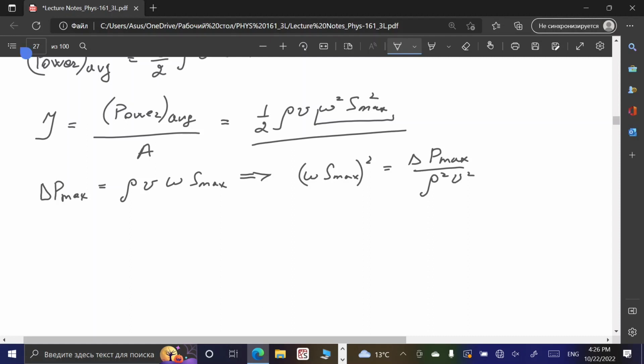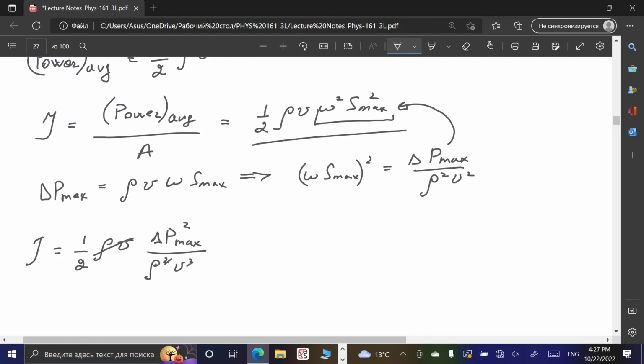Now we substitute it here and get intensity in terms of change of pressure. It will be 1/2 rho times V times delta P maximum to the second power divided by rho squared times V squared.